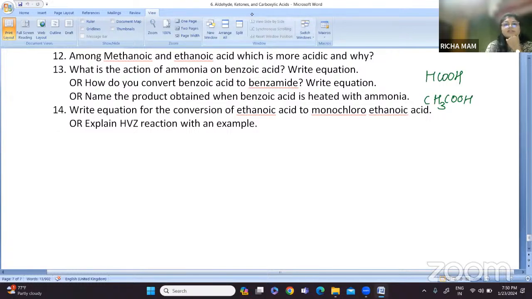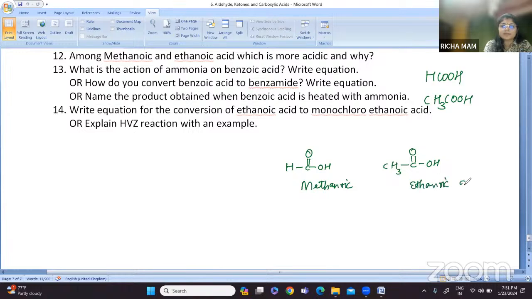I have drawn the structures also, so seeing the structures, at least you can tell. Here, H–C double bond O–OH is your methanoic acid, and CH3–C double bond O–OH is your ethanoic acid. Which is more acidic, methanoic acid or ethanoic acid?